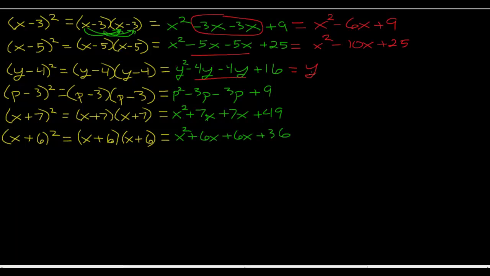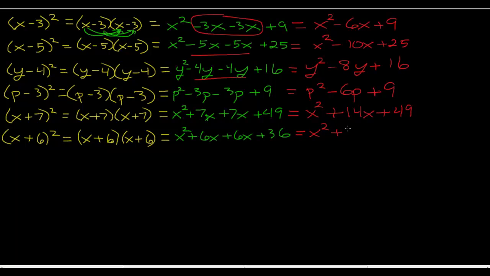Y squared minus 8y plus 16, p squared minus 6p plus 9, x squared plus 14x plus 49, and our last one, x squared plus 12x plus 36.